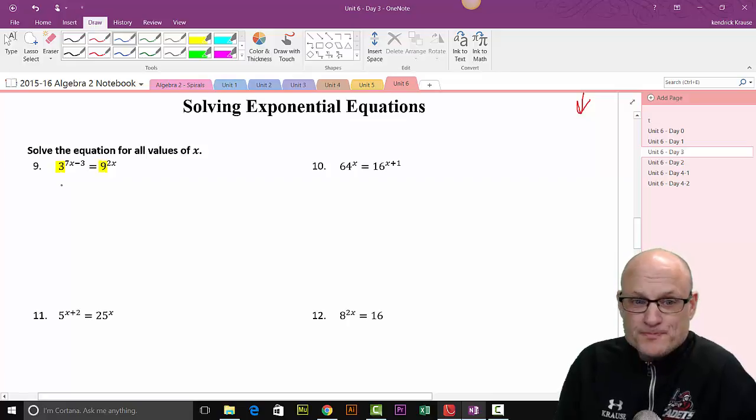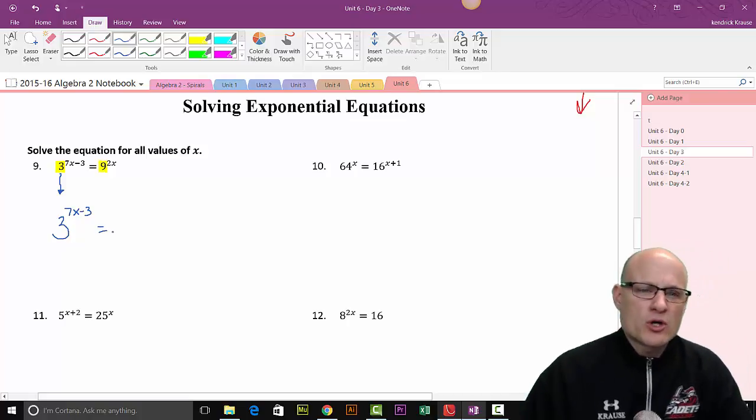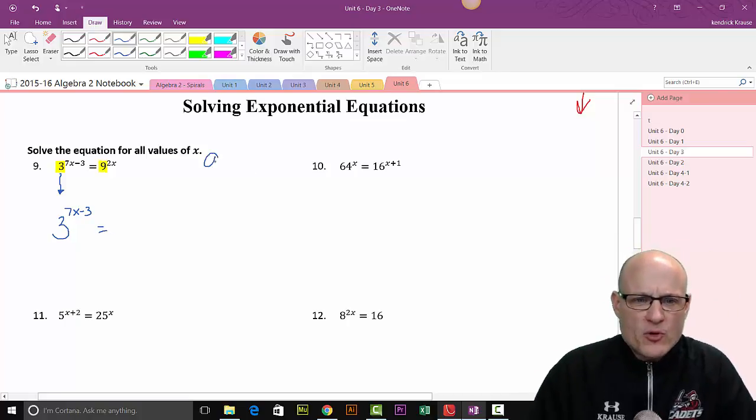So what we want to do is change the way this one looks. This one's fine. It's as low as it can go. 3 to the 7x minus 3. What we're going to do is transform 9 into a 3.